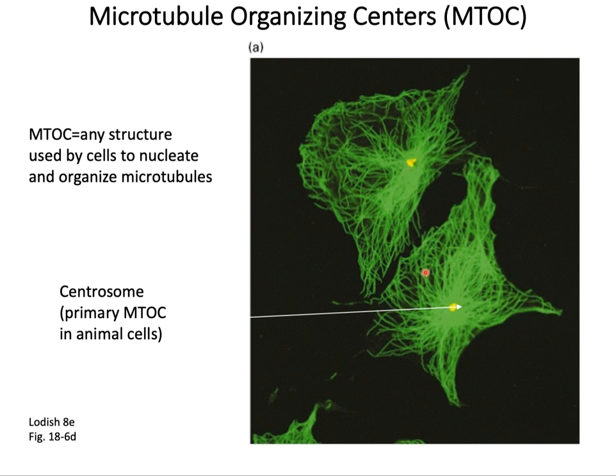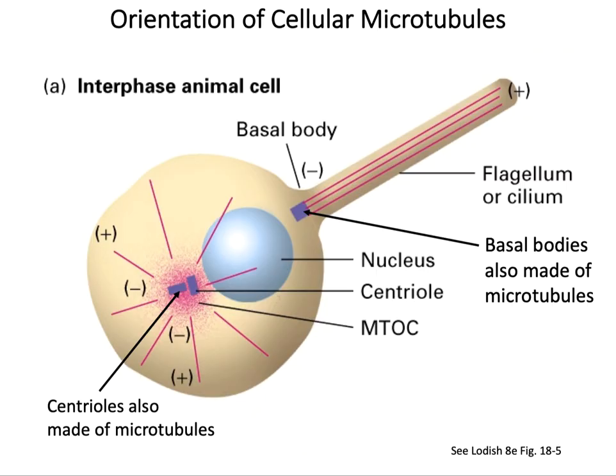You can see the microtubules are emanating in a spoke-like fashion from the microtubule organizing center, which is the centrosome in this case. So let's take a look at some diagrams of microtubule organizing centers. So here is a centrosome.